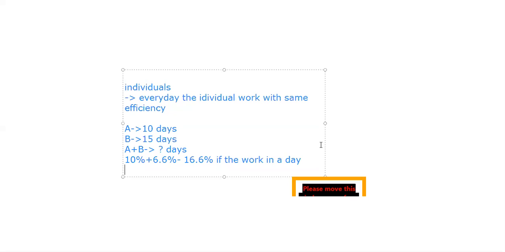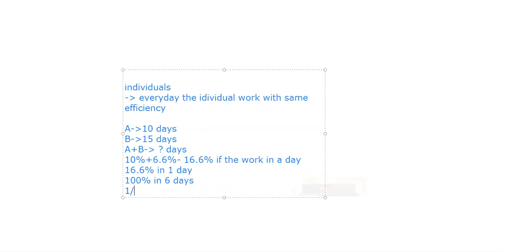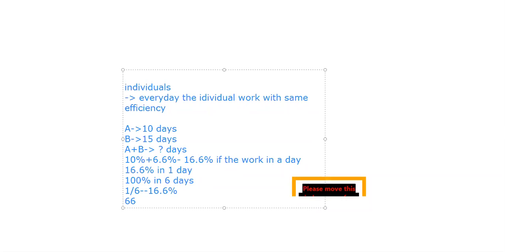If 16.6% in one day, then 100% of the work in how many days? It will be 6 days, because if you remember the fraction table, 1 by 6 is 16.6 percent. So 16.6 into 6 should give me 100 percent. That's why it is 6 days.